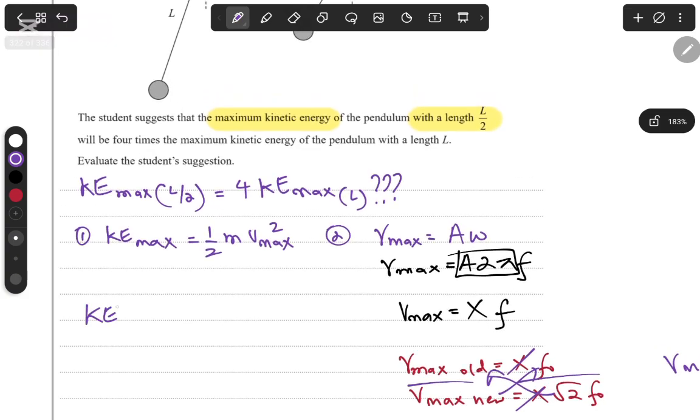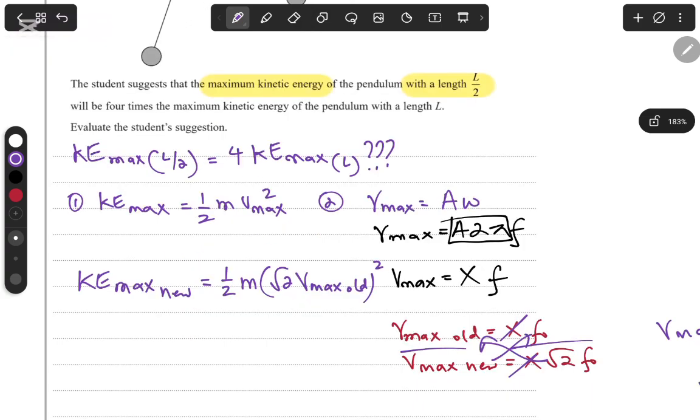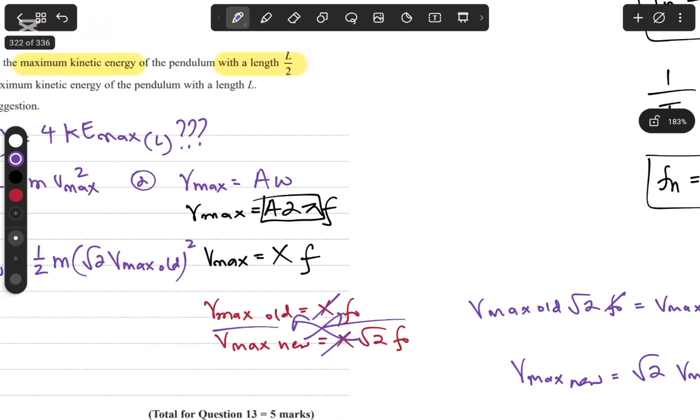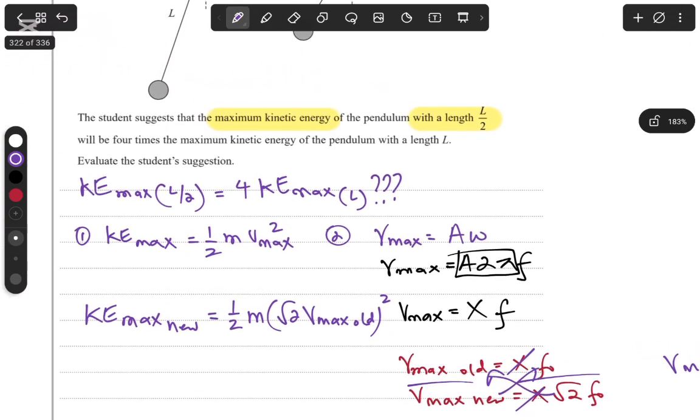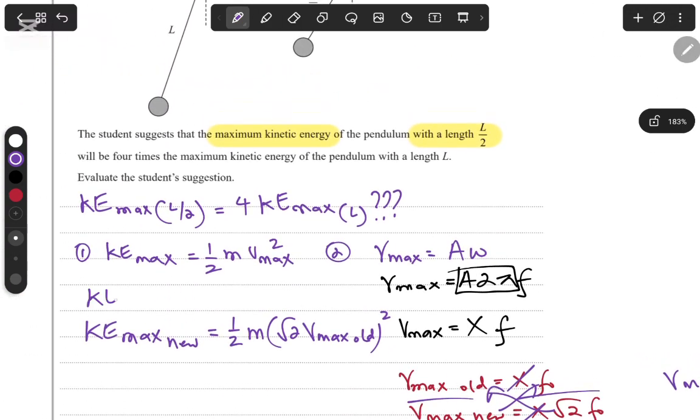So KE max new is equal to half m square root 2 v max old squared. New maximum velocity, I wrote it in terms of the old maximum velocity. And then I can write the KE max old is equal to half m v max old squared.